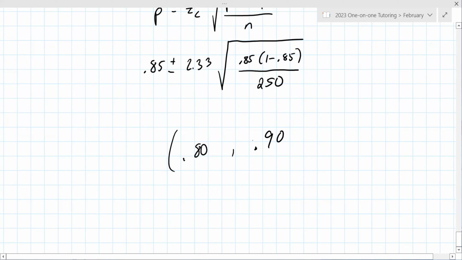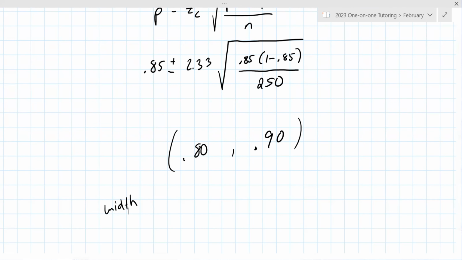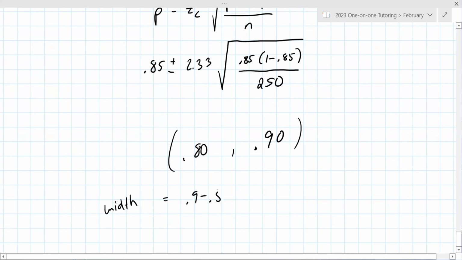Now, real quick here, what is the width of this interval? That's when you subtract 0.8 from 0.9, right? Yes. Okay, so the width is 0.1. Good. What's the margin of error?